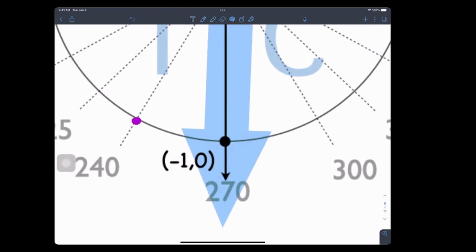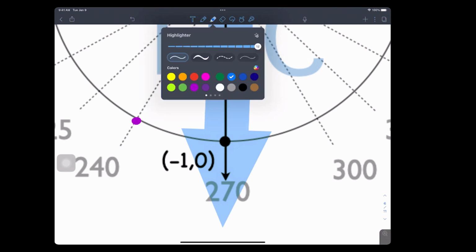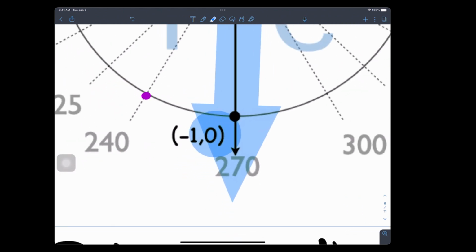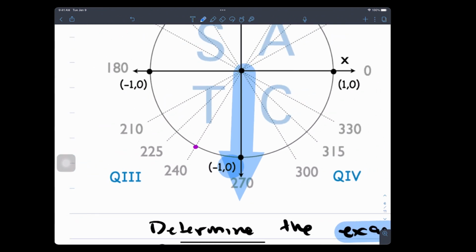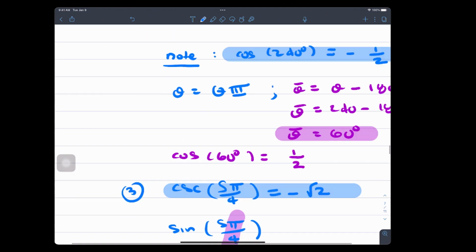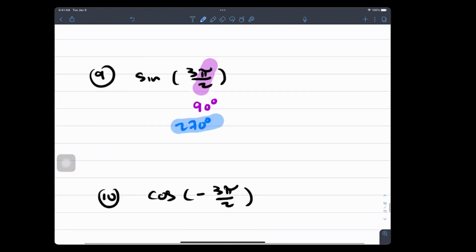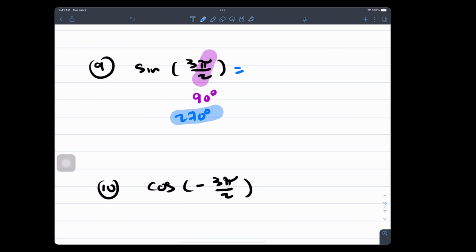But what is sine? Is it the x value, or is it the y value, ladies and gentlemen? Do you guys remember? Sine is the y value, isn't it? So what's the y value here? 0. So there you go. It's going to be 0. So you're going back to what we already know. We already did that. Anyway, that's 0.